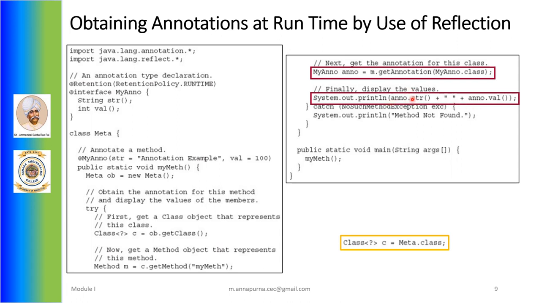The same approach is used whenever the value of an annotation member is required. So here, when assigning values, we had not been using the parentheses, but while trying to display the values, we are using the method call syntax. That is, we have the parentheses.